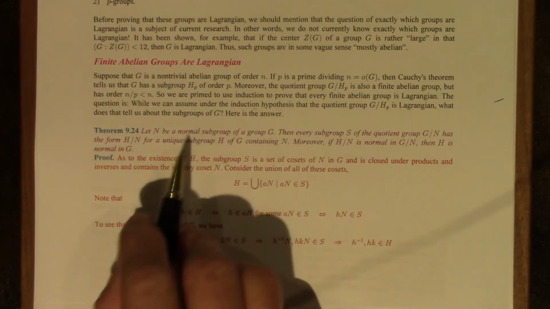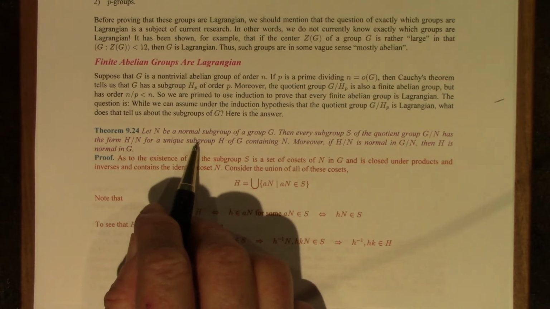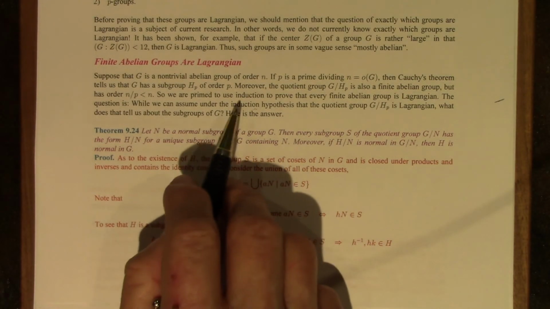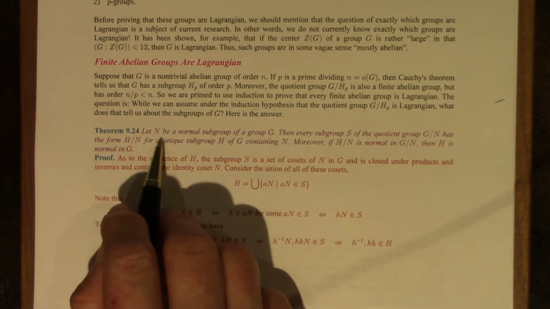Well, the answer is given in this theorem. This actually is going to come up again later when we talk about the famous correspondence theorem of group theory. If you took my linear algebra lectures, then you know about the correspondence theorem for vector spaces. There's an analog for groups, and it relates directly to this issue, at least part of it does.